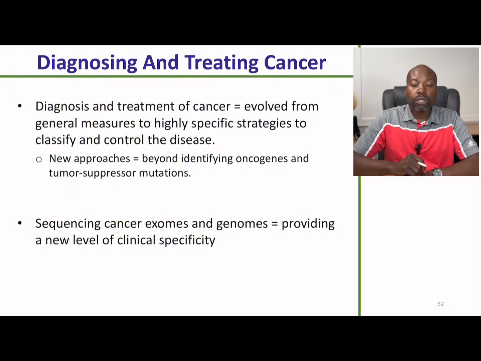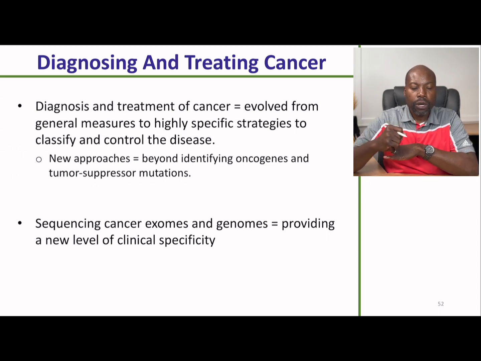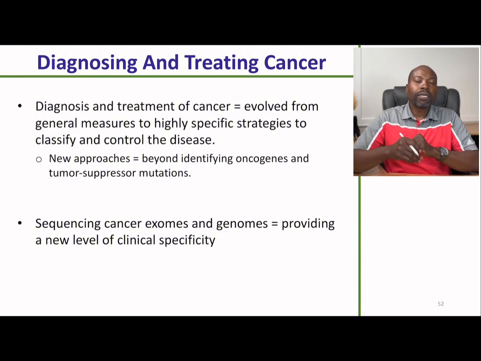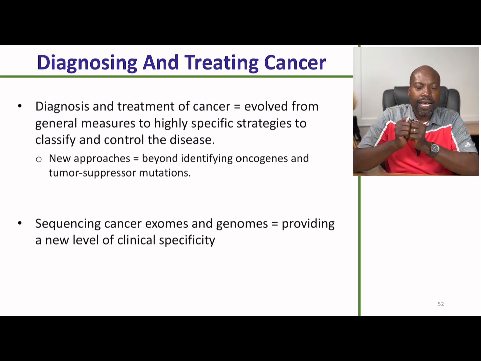Okay, so now, how do we diagnose cancer and how do we treat cancer? Well, the diagnosis of cancer has tremendously changed. It has gone from doing a whole biopsy to actually just isolating some blood and looking into blood cells and going to look into the genes, right?